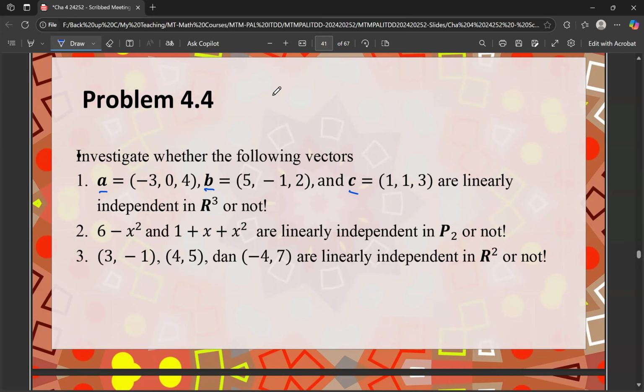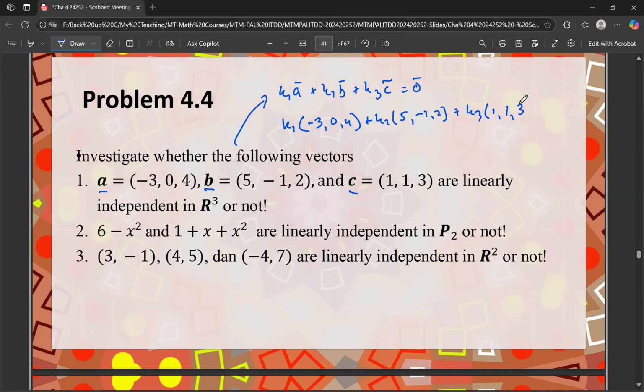How do we do that? We do it like this. K1 A plus K2 B plus K3 C is equal to 0, so we multiply K1 with (-3, 0, 4), K2 with (5, -1, 2), and K3 with (1, 1, 3), equal to (0, 0, 0).